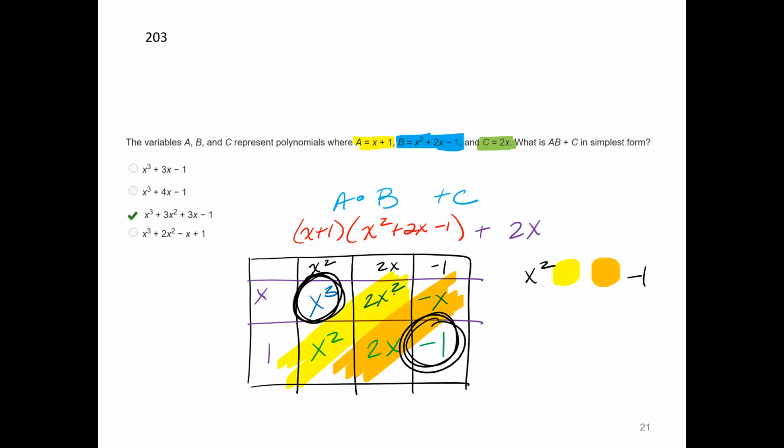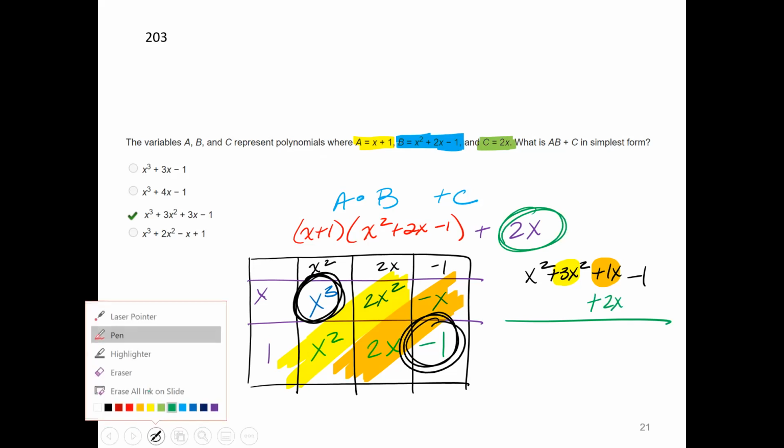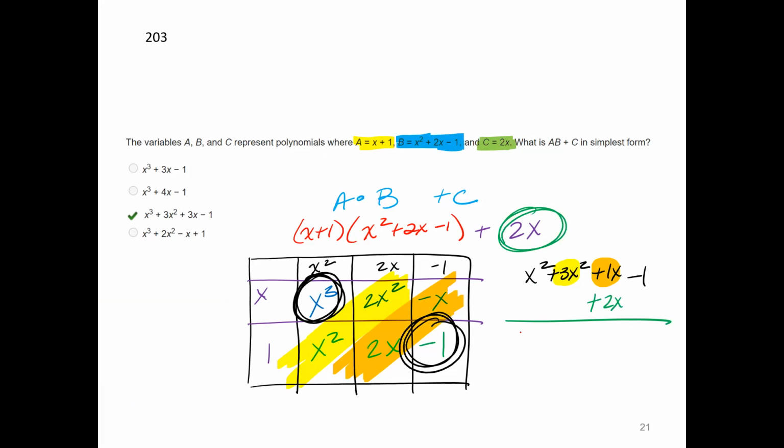So then what is x squared plus 2x squared? That's a 3x squared. What's a 2x minus x? It's a 1x. And then don't forget, because you also have the plus 2x, so you're like, where do I put the 2x? You put the 2x right under where there's an x, you guys. And so which one is it? A, B, C, or D?